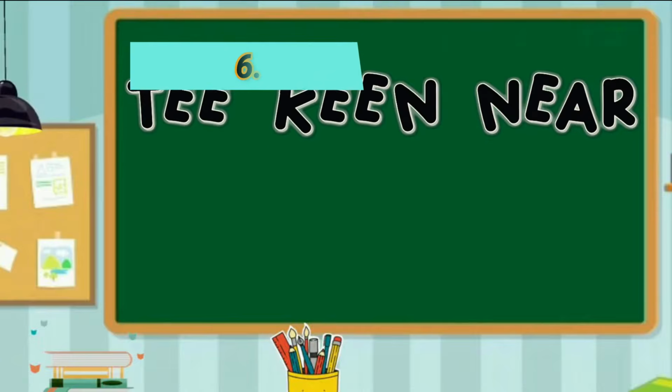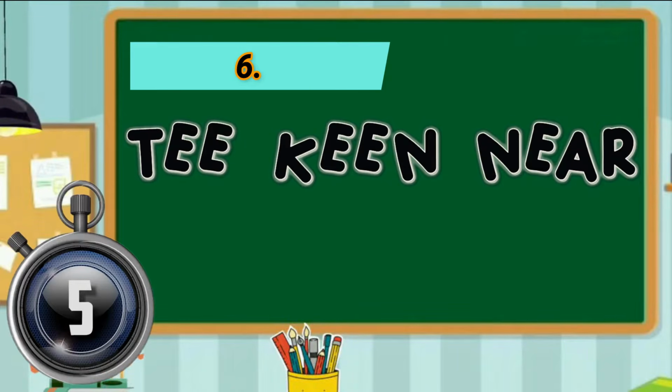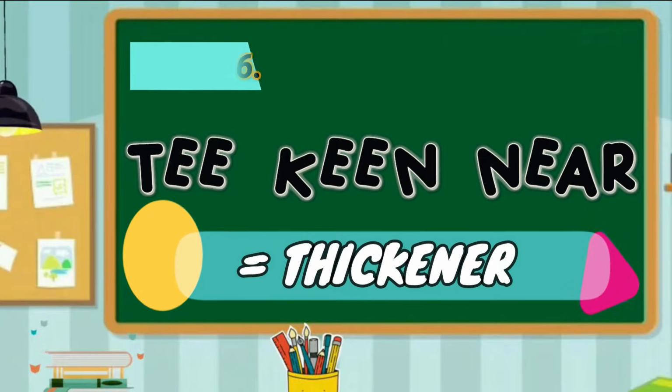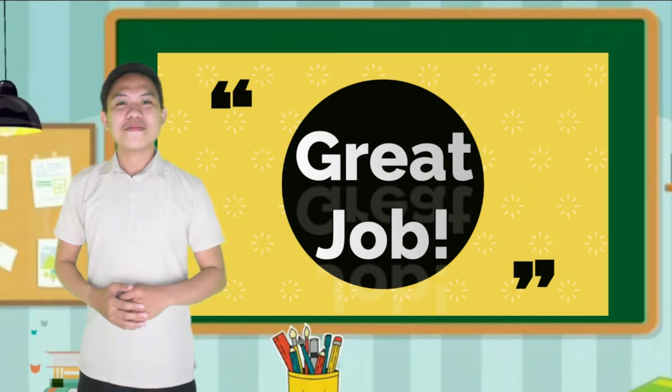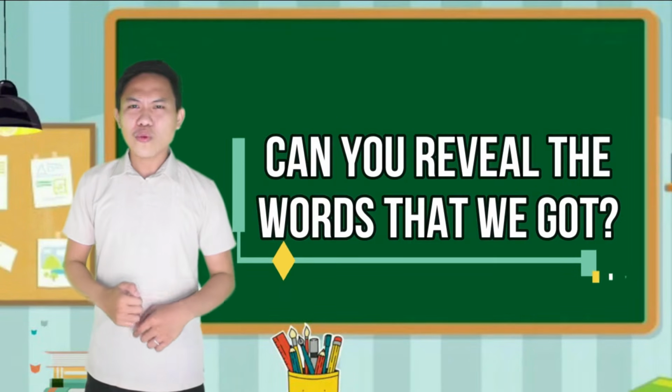And lastly, try to guess this one. If your answer is thickener, then you are amazing. Great job! Can you please review the words that we got? What are those again?